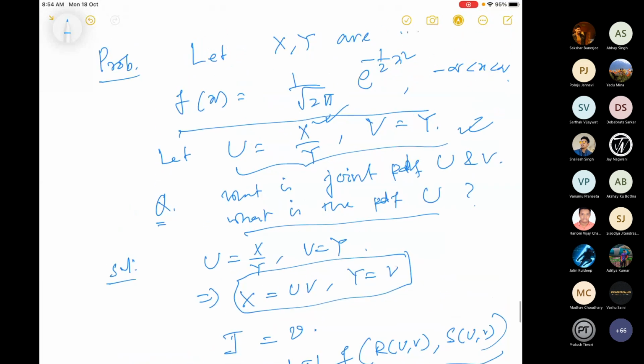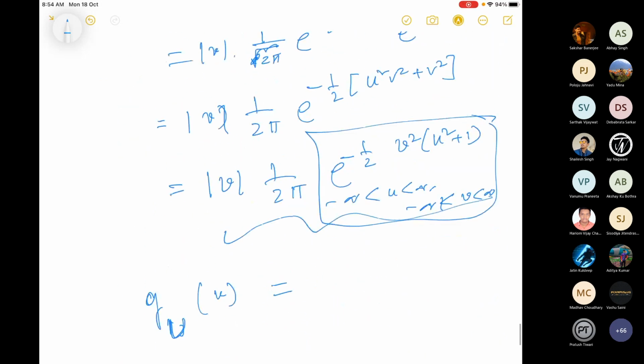Here first we have u and v. From there you are finding a marginal, or the probability PDF of u. Or I could have just asked you to forget about this v part here. This u is given to you as x divided by y. Then what is the PDF of u? Probably you also have solved this problem this way, assuming that v is equal to y, and then proceed in a similar way, and then find the marginal of u.